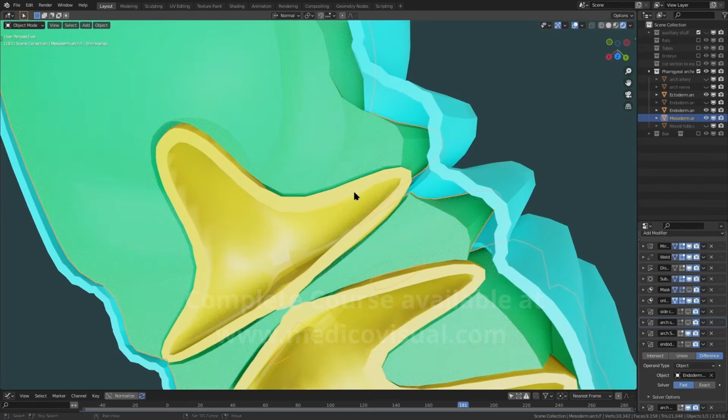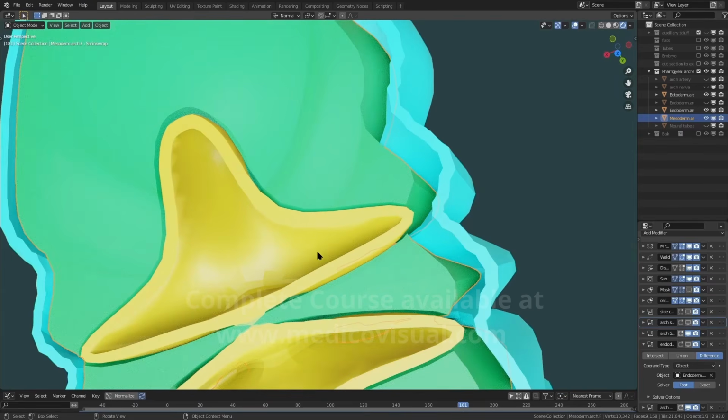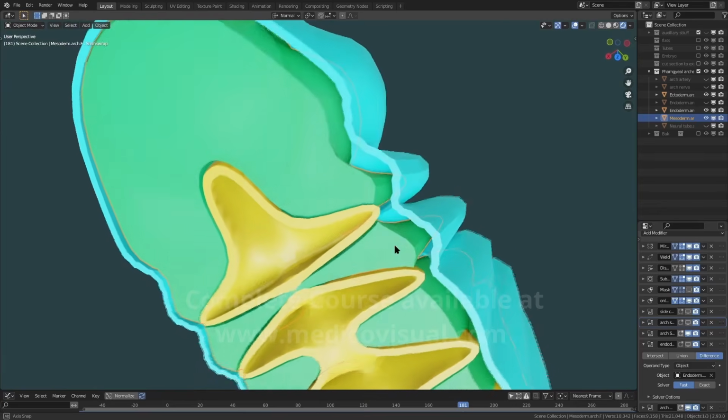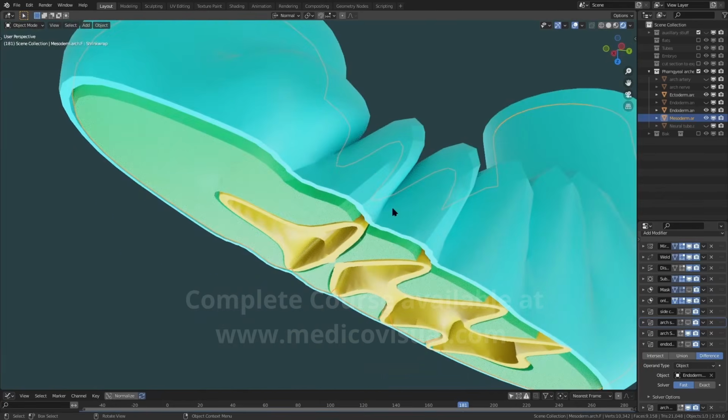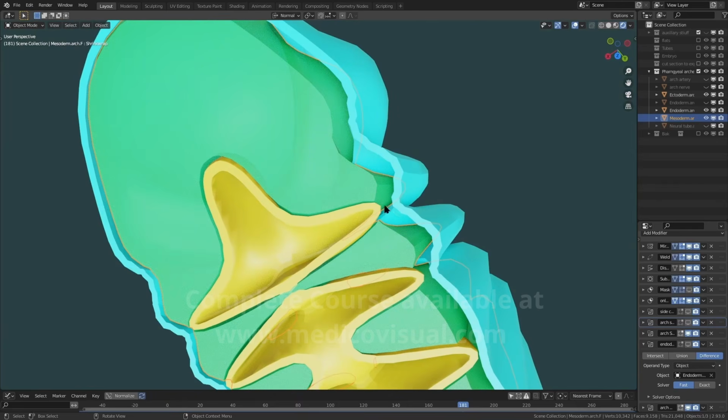In between first and second arch, the first pharyngeal pouch is formed, and it will extend laterally till it almost reaches this groove. Here they will almost coalesce together, they will combine together, and this part is called pharyngeal membrane.